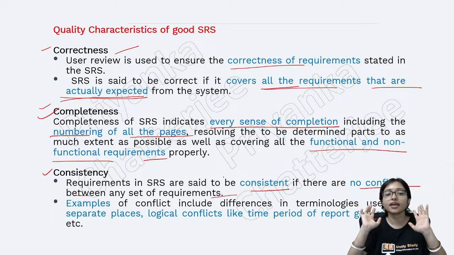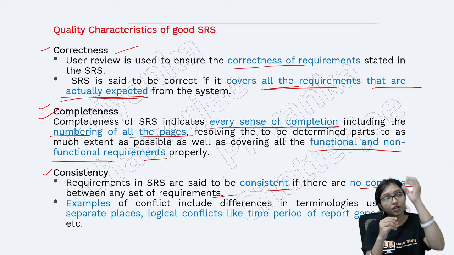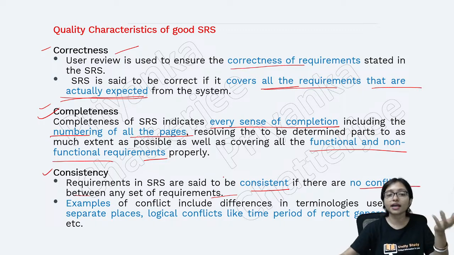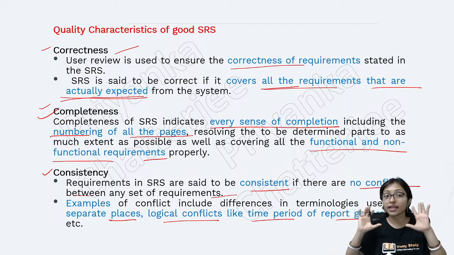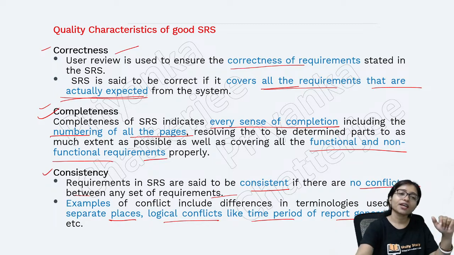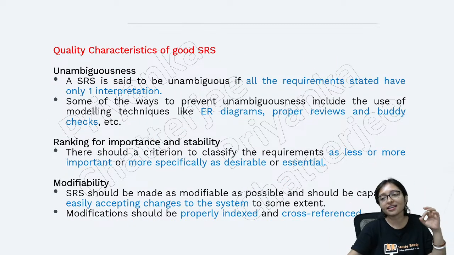It should not create any conflict between the set of requirements. Every requirement will not conflict with each other. That is called consistency. Like a logical conflict, such as a time period and report generation, it may not create any conflict.